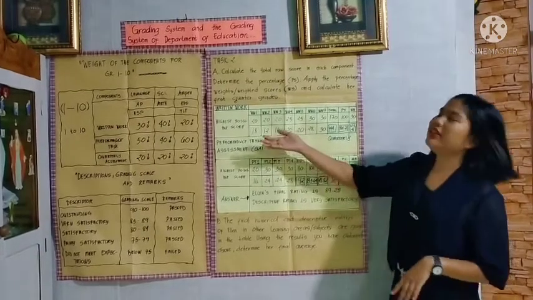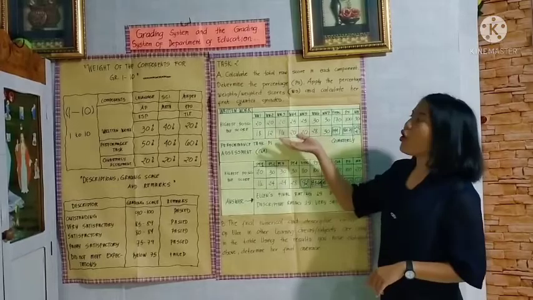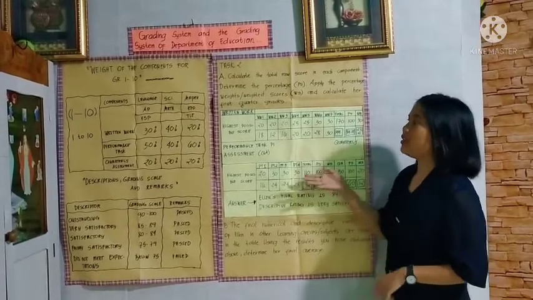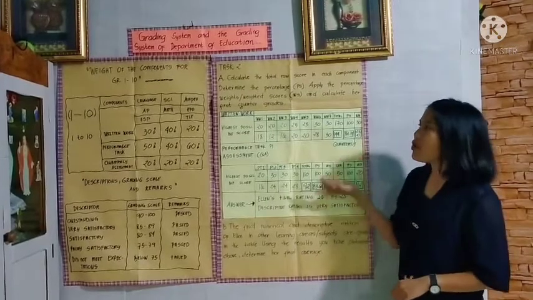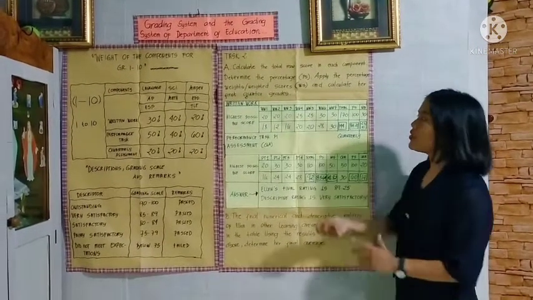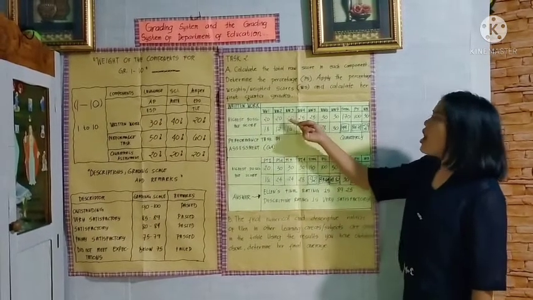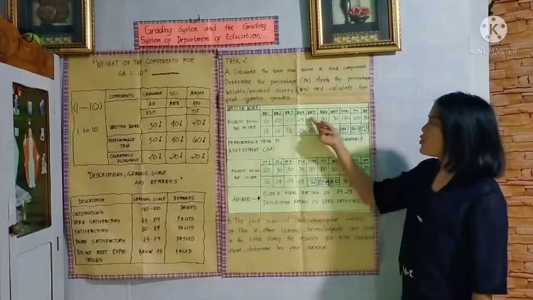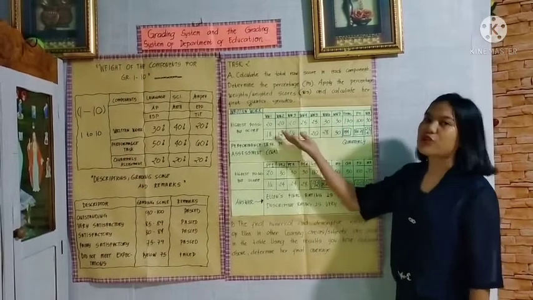In this table, this is the percentage score of Ellen Ramsey in written works, performance task, and quarterly test. We will proceed to written work first. These are the highest possible scores, and this is the raw score she got.